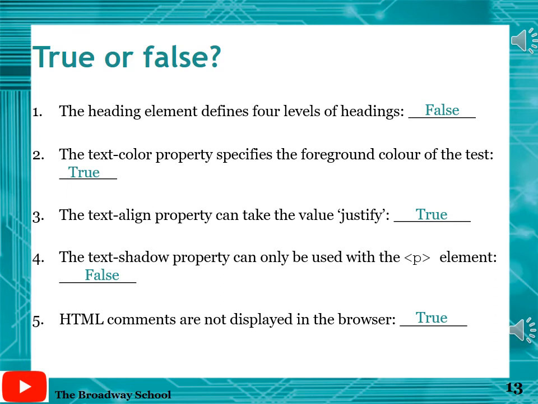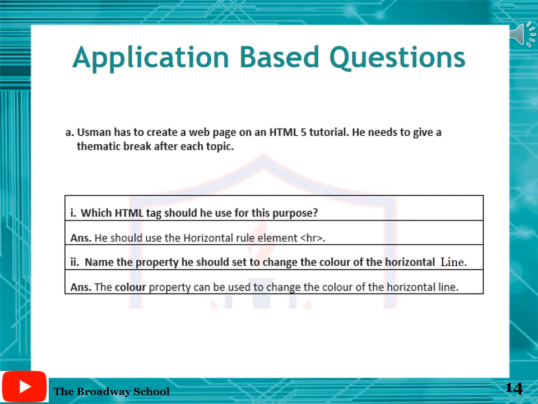The text align property can take the value justified. True. The text shadow property can only be used with the P element. False. HTML comments are not applied in the browser. True.